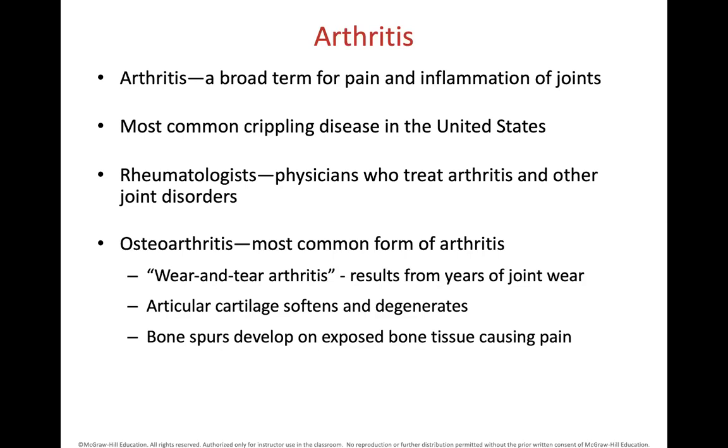As a result of the articular cartilage breaking down, bone will rub on bone a little bit more often. And over time, that can lead to the development of bone spurs. And bone spurs are just little projections or extra growth of bone. And then when muscles and tendons move over those projections that aren't supposed to be there, they can cause a lot of pain.